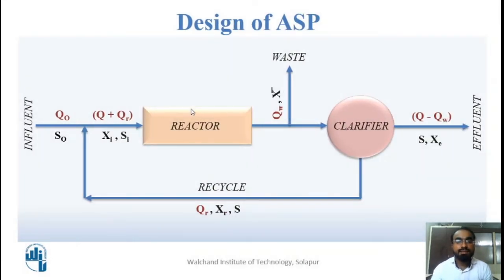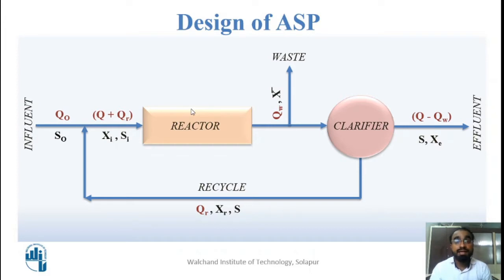So let's see its parameters and how they are used for the calculation of sludge production. You can see that from the start, from the left, Q naught is the flow rate of influent and S naught is the soluble BOD.